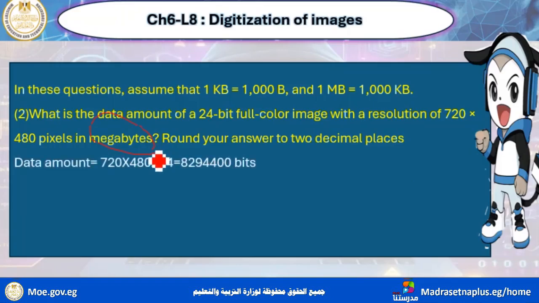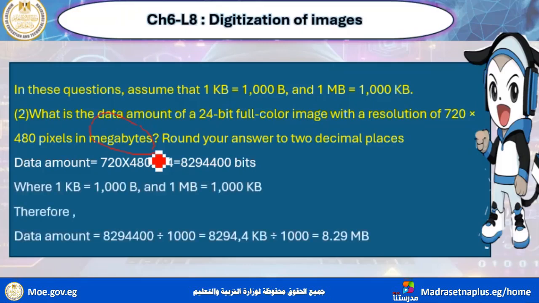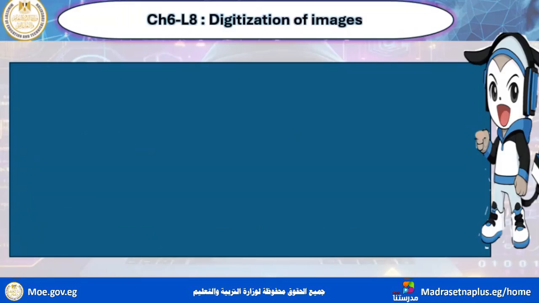The data amount is equal to 720 by 480 by 24, which, using a calculator, is equal to 8,294,400 bits, and this should be divided by 8 to get bytes, then by 1000 to convert it to kilo, then by 1000 again to get mega.